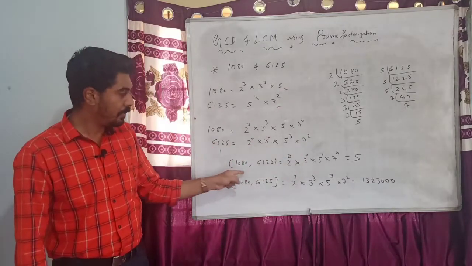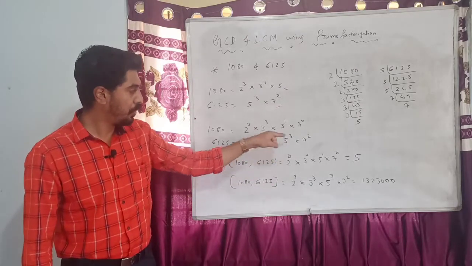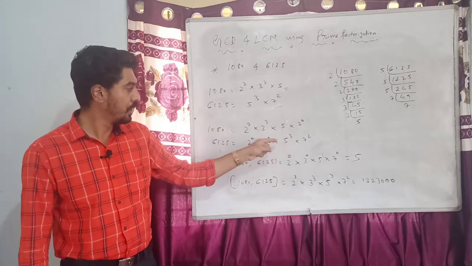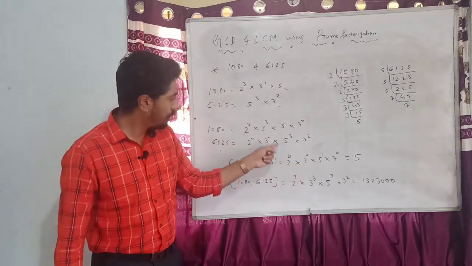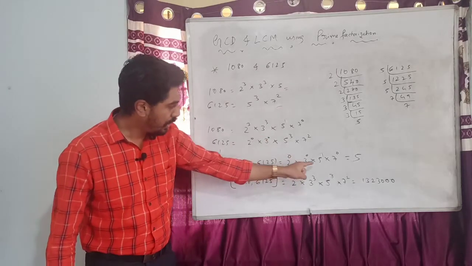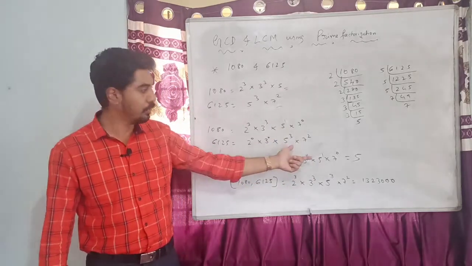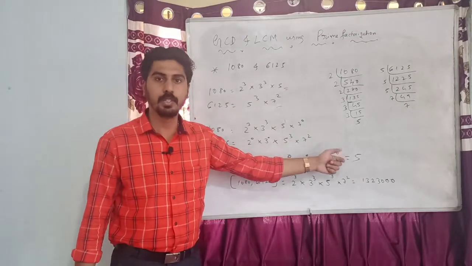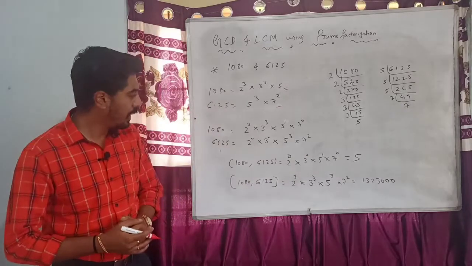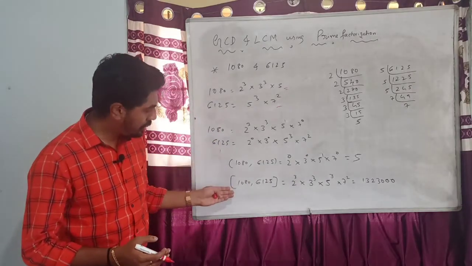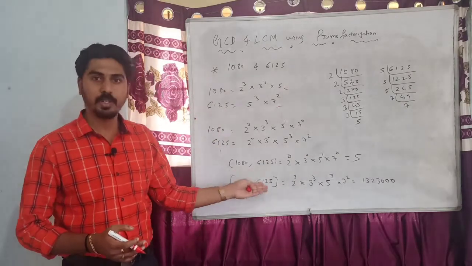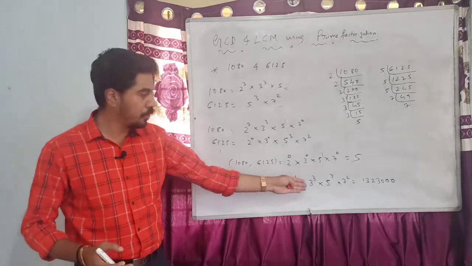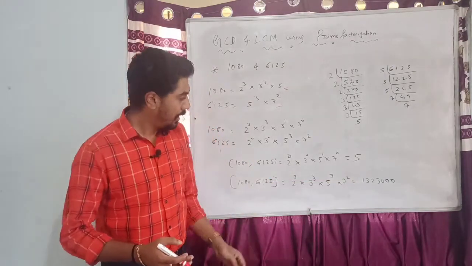So the GCD will be equal to 2 to the power of minimum of 3 and 0, which is 0, into 3 power minimum of 3 and 0, which is 0, into 5 power minimum of 1 and 3, which is 1, into 7 power minimum of 0 and 2, which is 0, which is equal to 5. And when we find out the LCM of 1080 and 6125, I get 2 cube into 3 cube into 5 cube into 7 square.